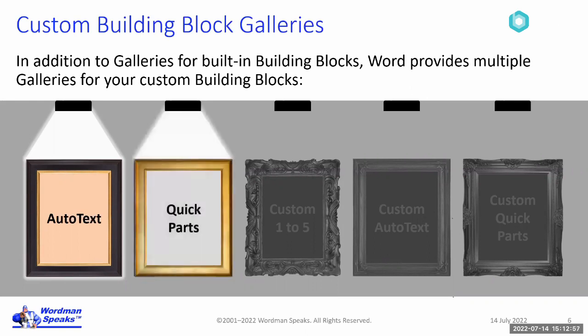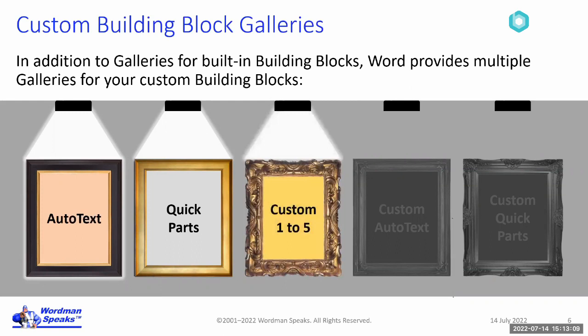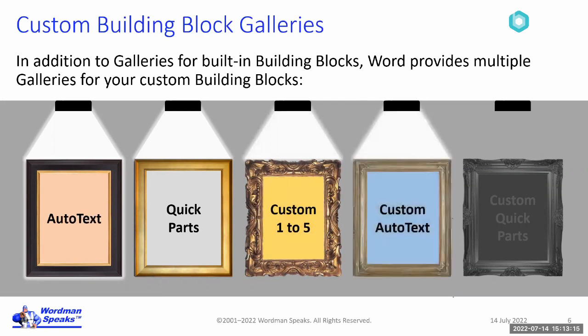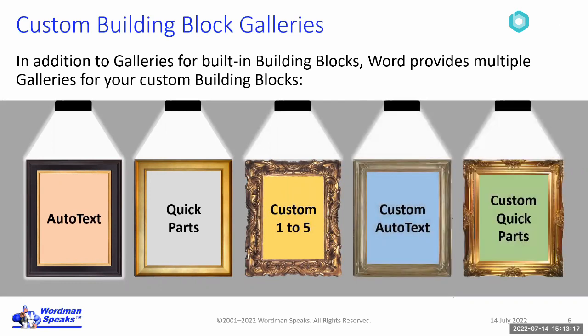We also have quick parts. We mentioned those earlier, and these are basically all the same. It's just that what Word has done is to segregate them into these categories that allow you to organize your parts. You can have custom 1, custom 2, custom 3, custom 4, custom 5. We have custom auto text and custom quick parts.